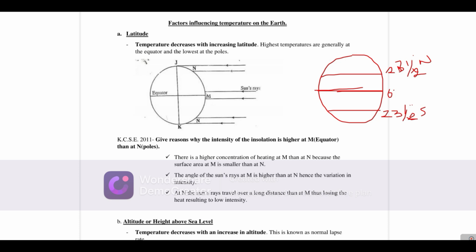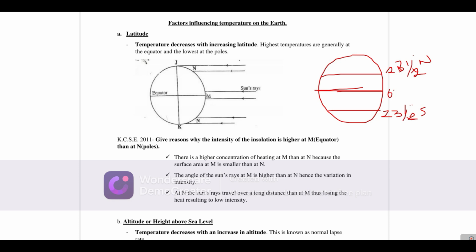If you look at the region that surrounds the equator, the solar insolation is so intense, and so there is high temperature around that place, as compared to the polar regions, where we have the Tropic of Cancer and Tropic of Capricorn, and the Arctic and the Antarctic. And now we say highest temperatures are generally at the equator and the lowest at the poles.